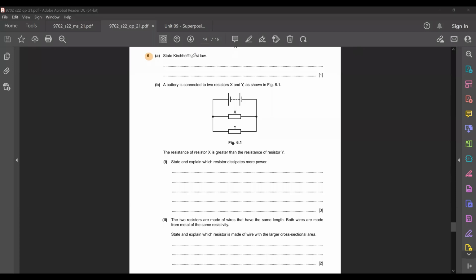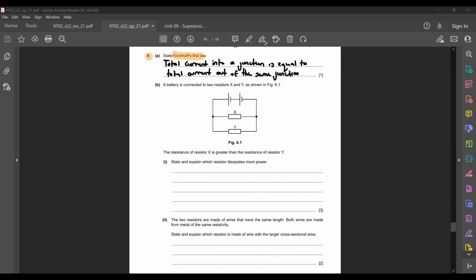Now for question 6, state Kirchhoff's first law. This is pretty straightforward. Kirchhoff's first law tells you that the total current into a junction is equal to total current out of the same junction.